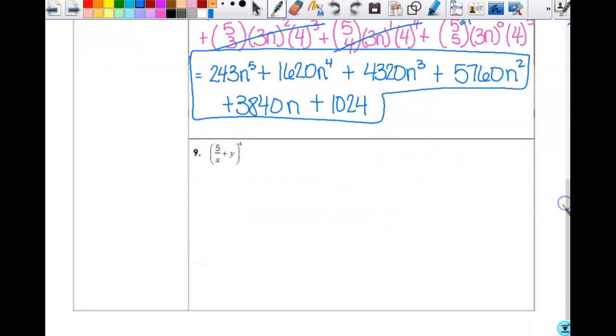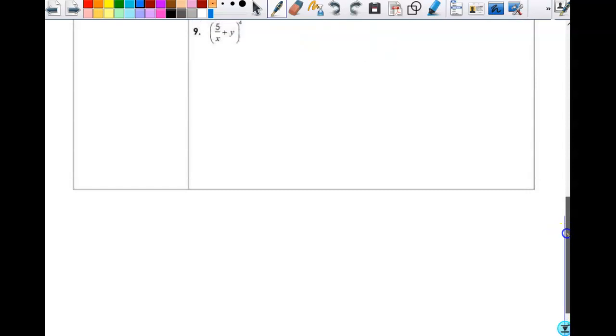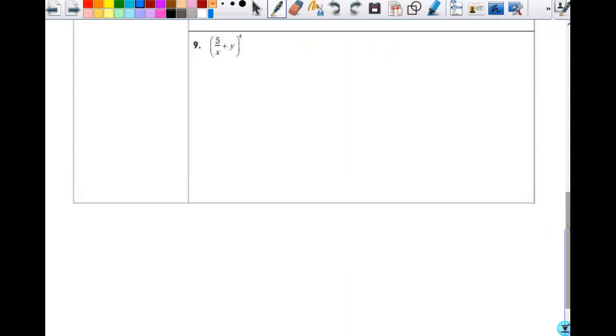Alrighty, one more. So we have 5 over x plus y to the 4th power. That one definitely doesn't look like it would be fun to actually multiply out. Our n here is 4. So we go through here, and I'm going to have 4, 0. First term, 5 over x to the 4th power times y to the 0 power.